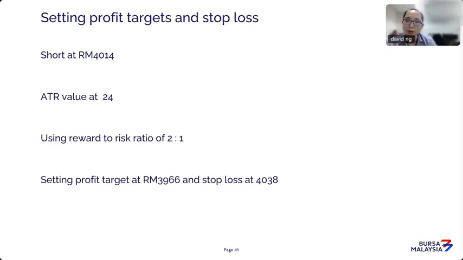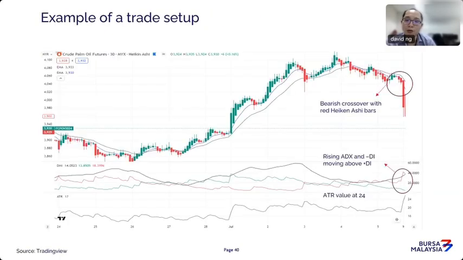If you work out a reward to risk ratio of 2 to 1, that means you are setting a profit target of 48 points and a loss of 24 points. So you work your risk accordingly based on the ATR value. Keep in mind, if the ATR value goes considerably higher when markets are volatile, you should be prepared to have a bigger buffer for your loss position in case the market goes against you.